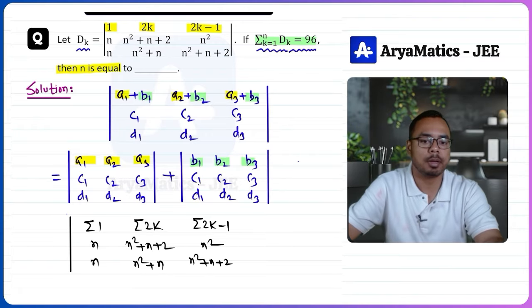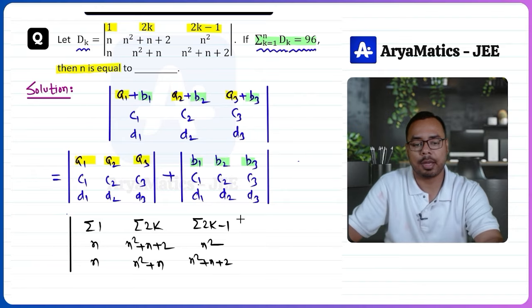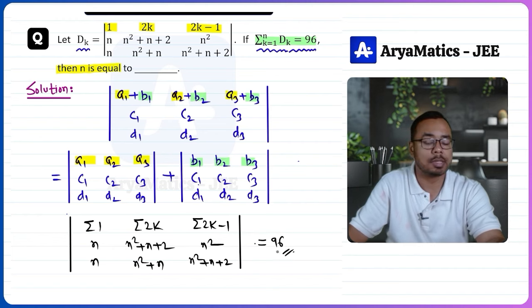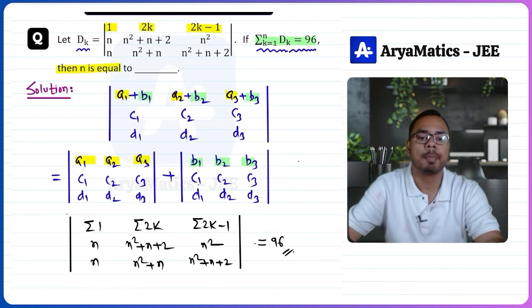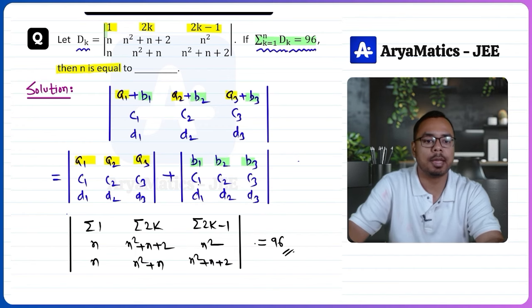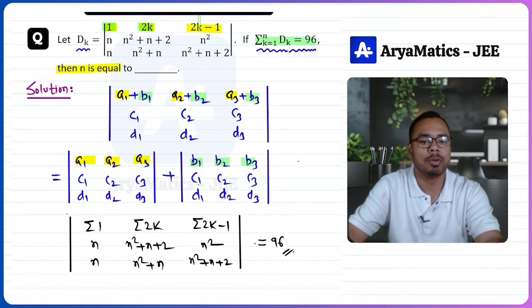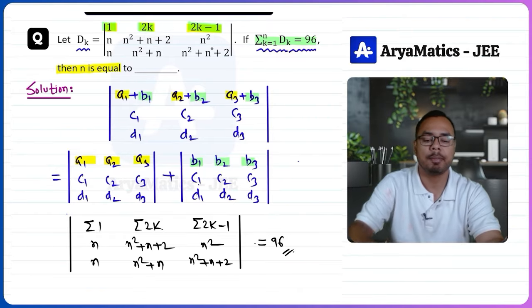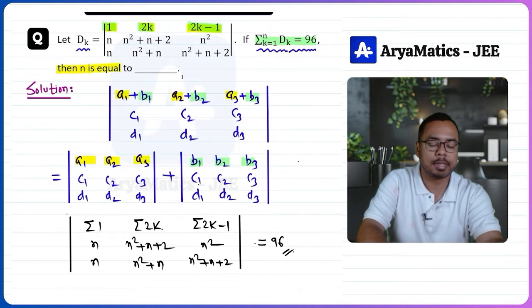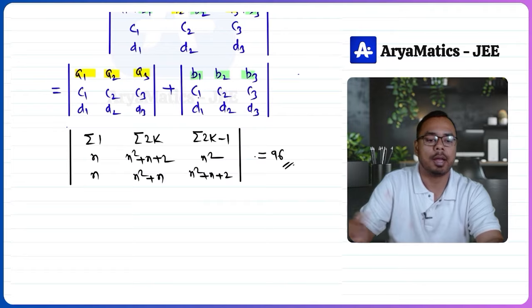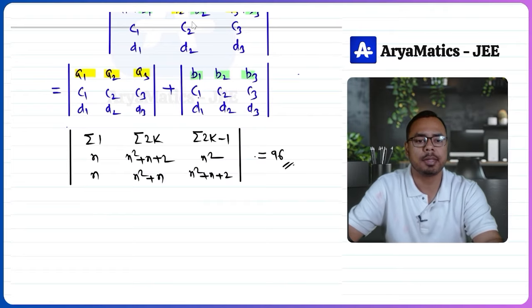So this will be sigma Dk, right? And obviously k is from 1 to n, and now this sum is given as 96. So this is one important property, but remember that this variable k must be along any one row or any one column. Then only we can take this sigma notation inside, right? So we can take that sigma inside the first row, and now we have to expand this determinant.